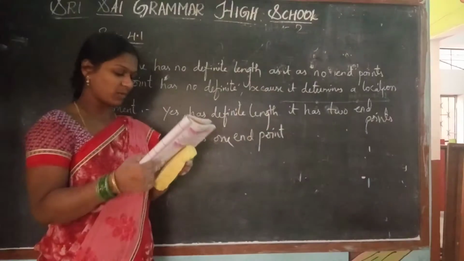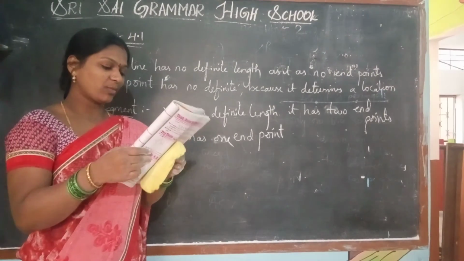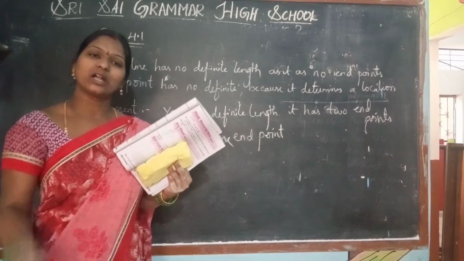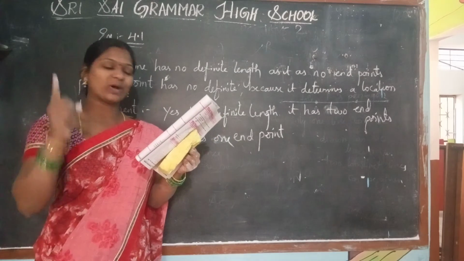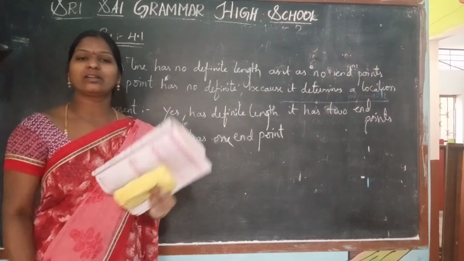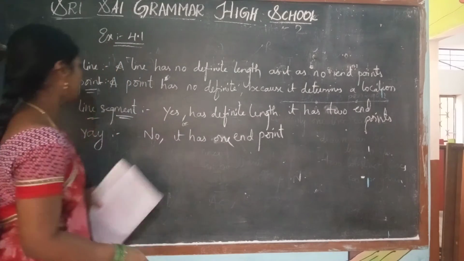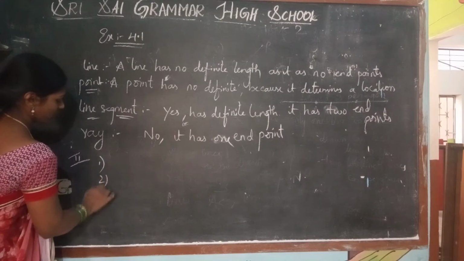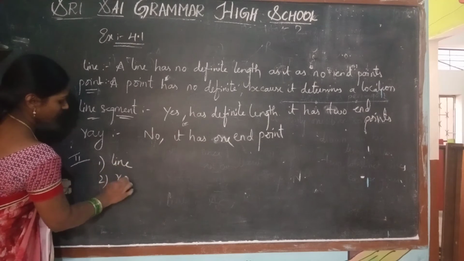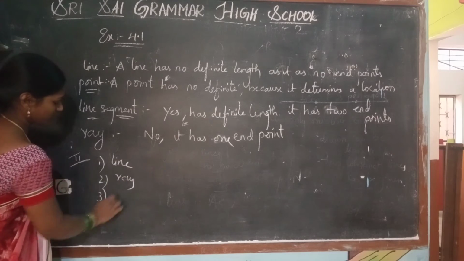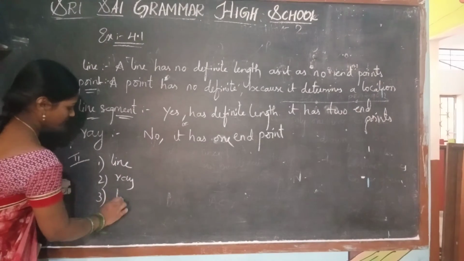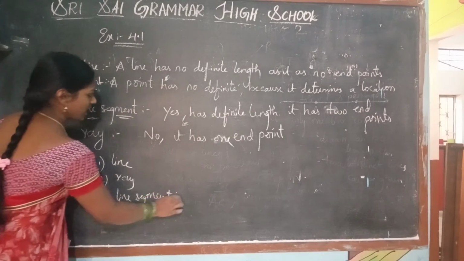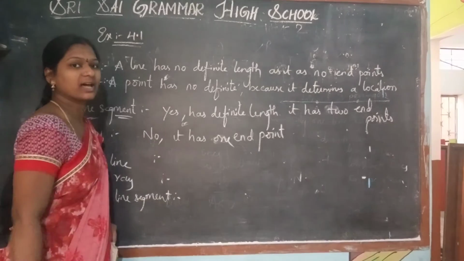Understood? Now, how many endpoints do the following have? Line segment, how many endpoints? Two endpoints. Then ray, one. Then what about line? It has no endpoints. They are asking how many endpoints are there for these three: line, ray, line segment.